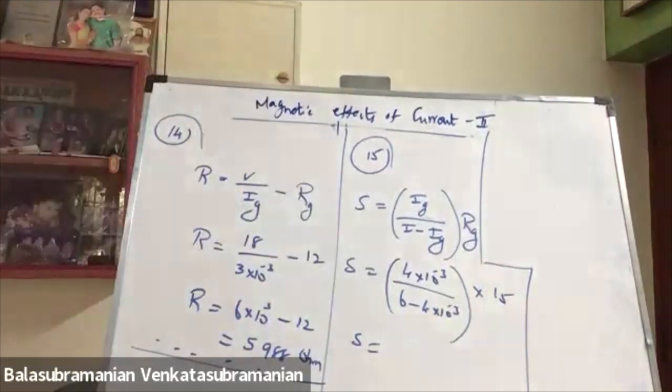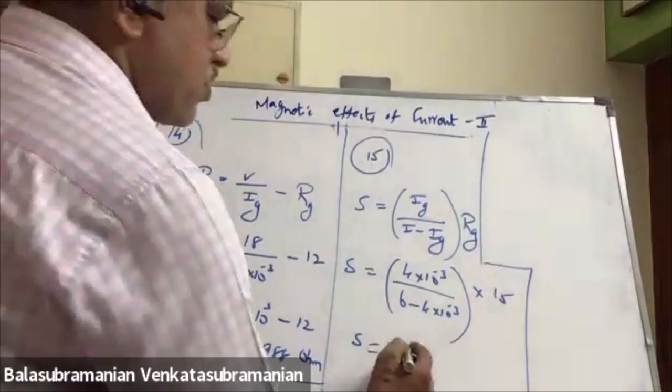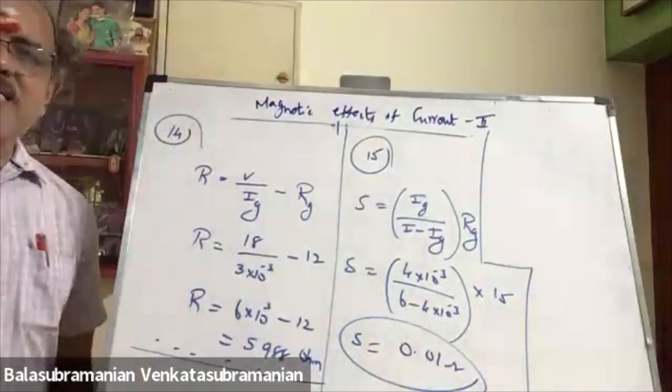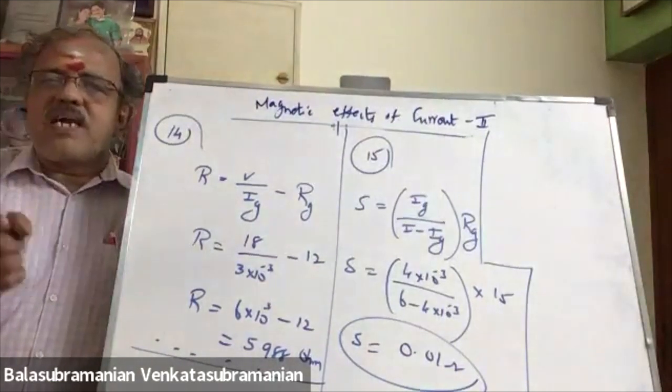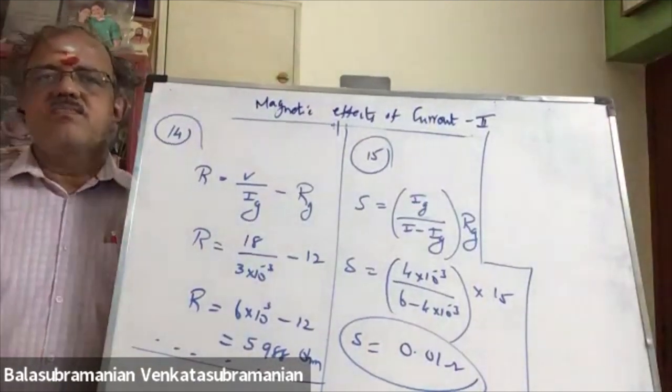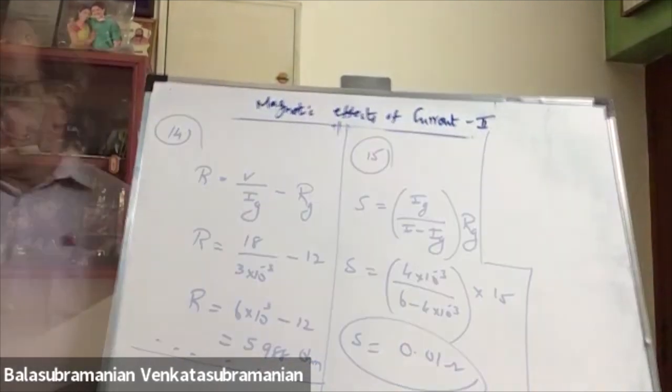So value of S should be 0.01 ohms, connected in parallel with the galvanometer. That point you have to write. Okay. 16th problem.